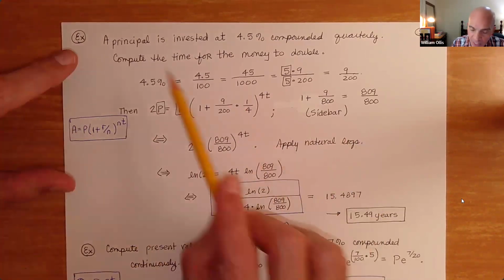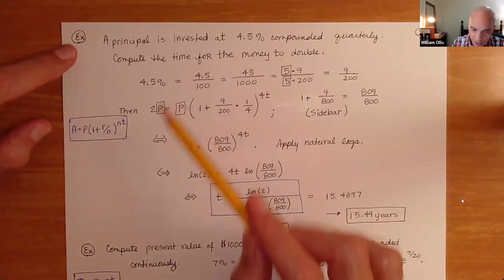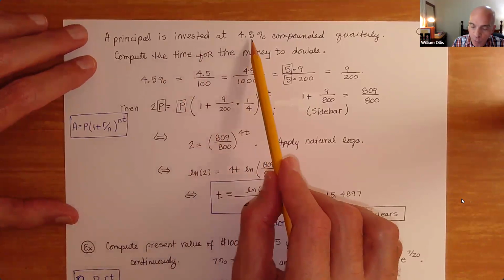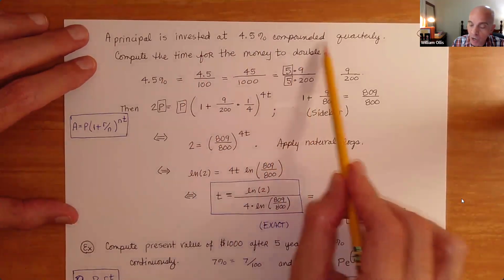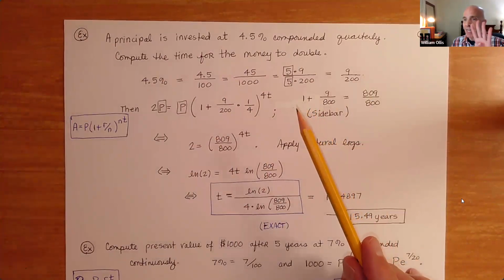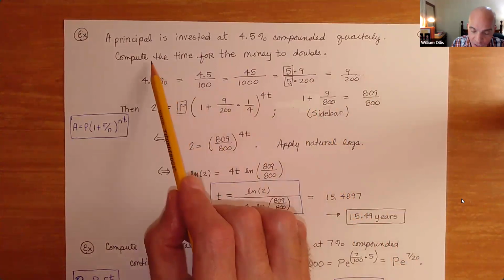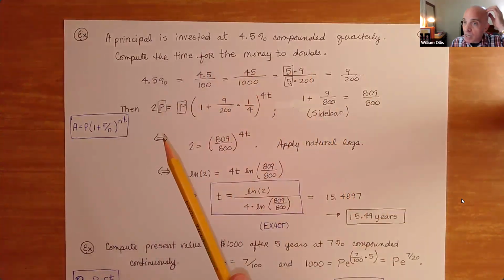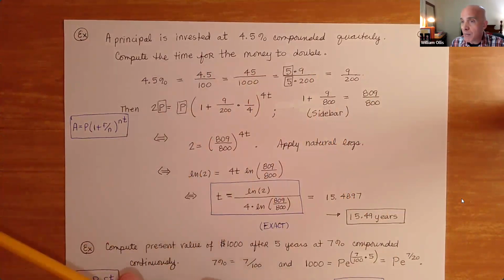So now let's just look at the following example. I've got two examples here. A principal is invested at 4.5% compounded quarterly. So when we have quarterly compounding, that stands for 4 times per year. And then it says compute the time for the money to double. Now, of course, doubling, there's nothing special about that.